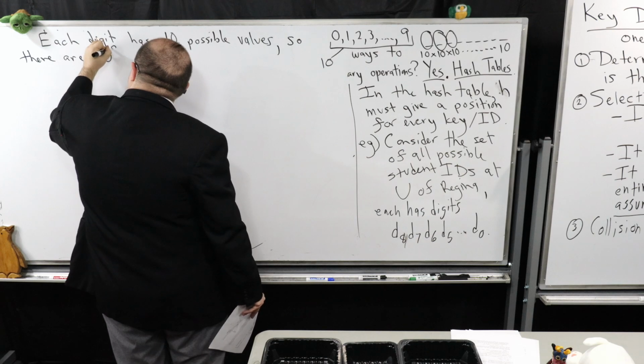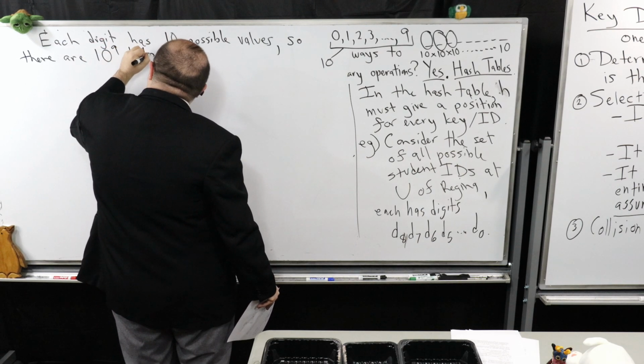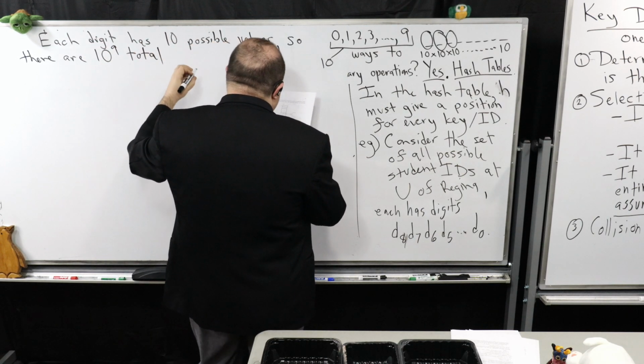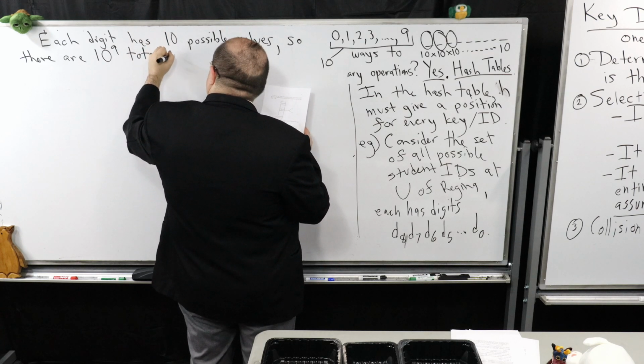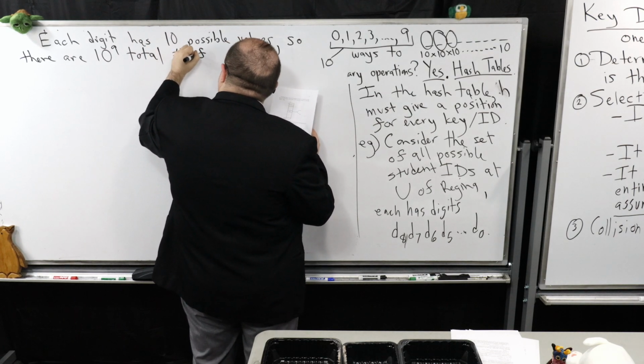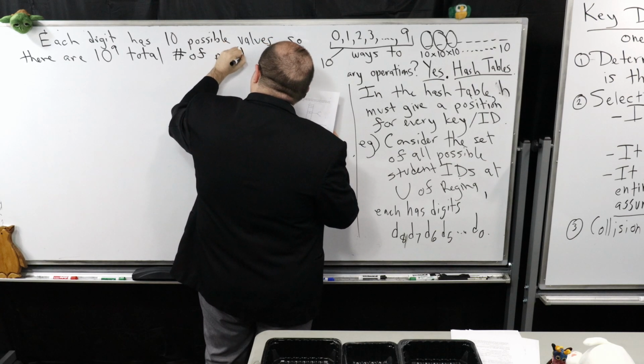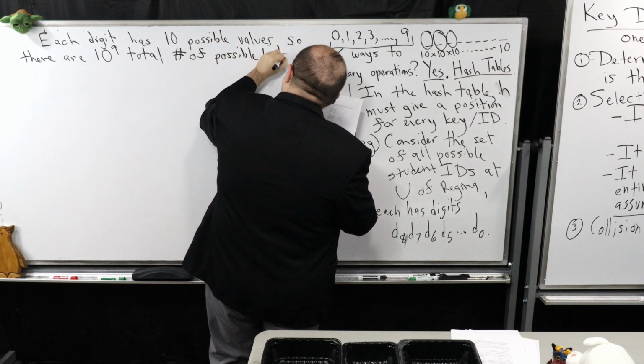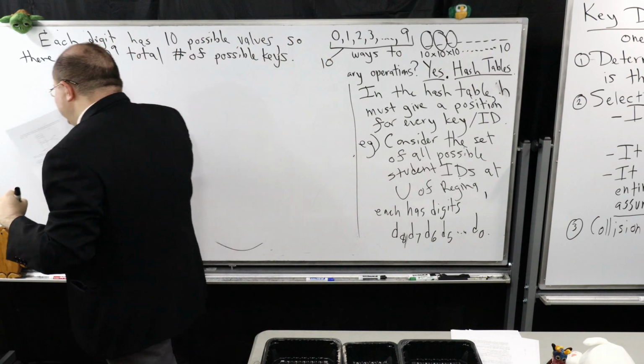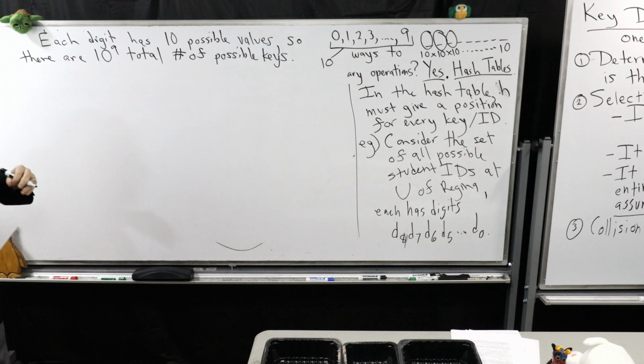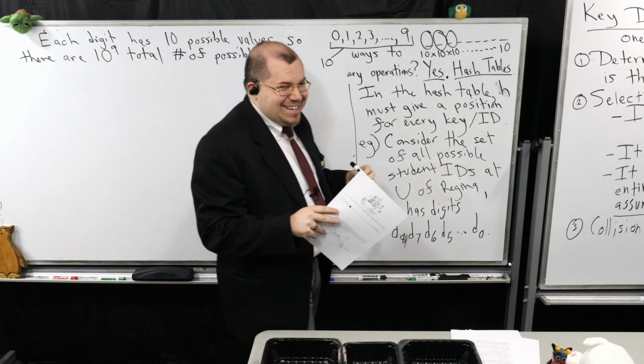So there are 10 to the 9 total number of possible keys, right? That's a lot, right? Now you might naturally say, Dan, that's a lot.